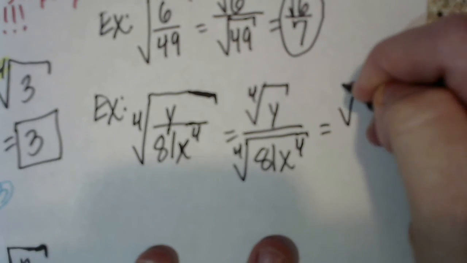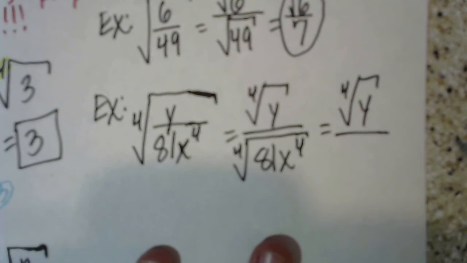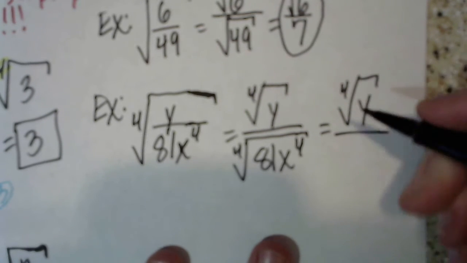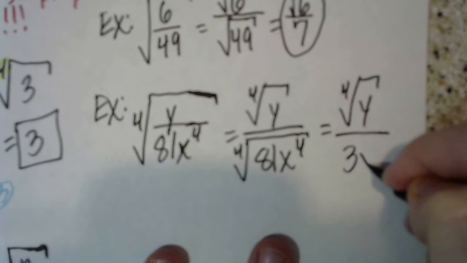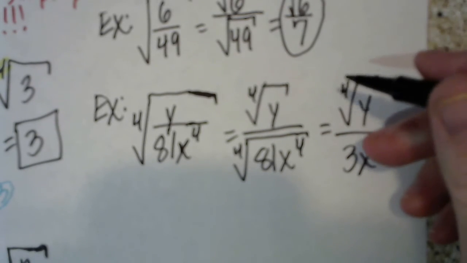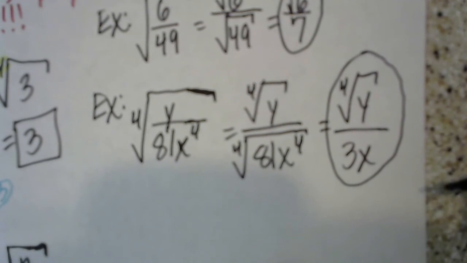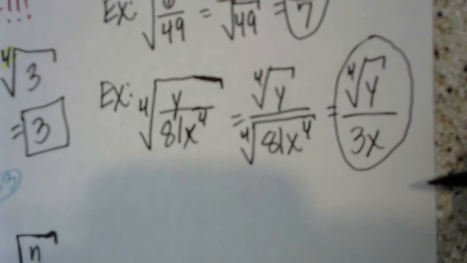So this is going to be the 4th root of y, because I can't do anything with that. But on bottom, this is going to be 3x. 4th root of 81 is 3. 4th root of x to the 4th is just x. All good because I don't have a radical in the denominator anymore.